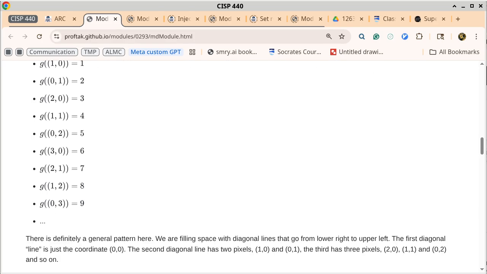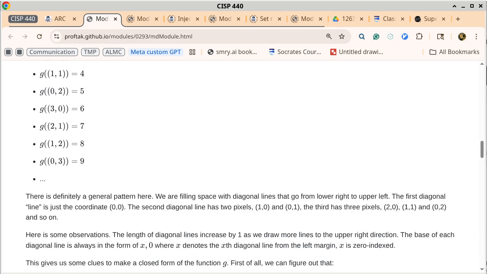is how do we find a closed form, as much as we can, so that given a particular coordinate which has an x and a y, and both are natural numbers, we can actually find the natural number corresponding to that cell.